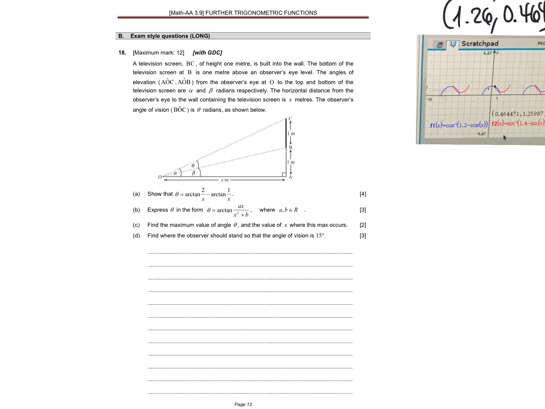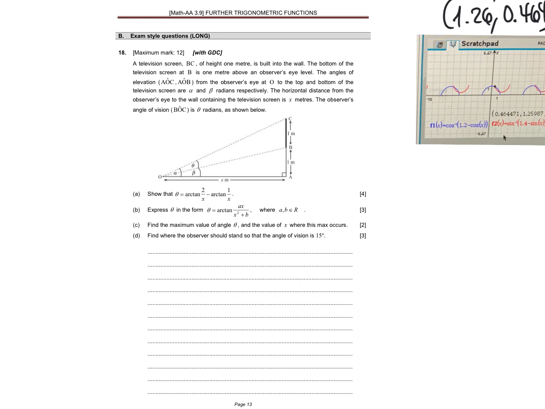The angles of elevation from the observer's eye to the top and bottom are alpha and beta radians. The horizontal distance from the observer's eye to the wall is x. The observer's angle of vision is theta. Show that theta is arctan 2 over x minus arctan 1 over x.